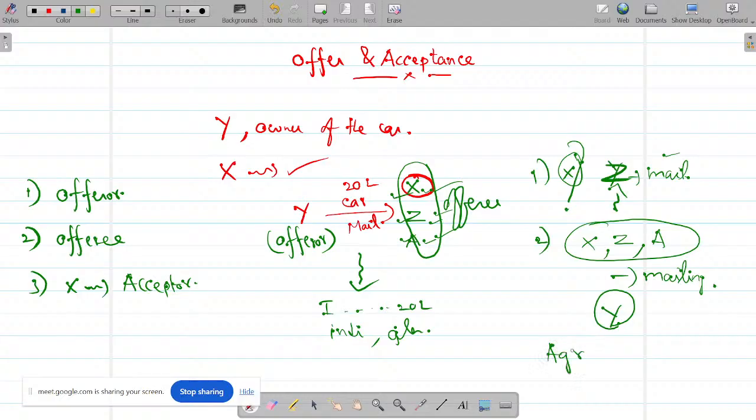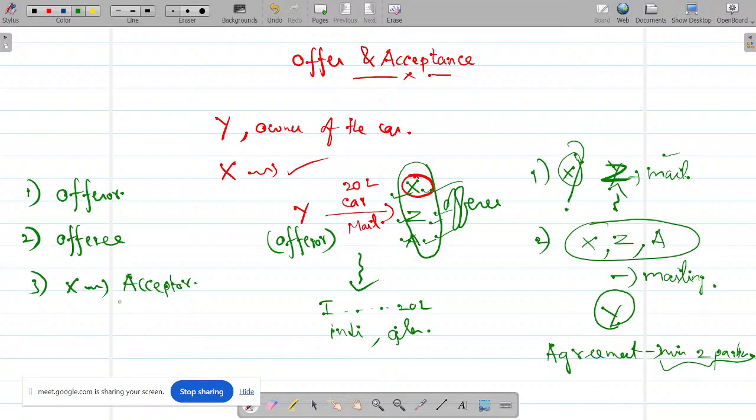What the Act says is that when you talk about an agreement, there should be a minimum of two parties. It's not just one party offering and one party accepting. It can be more than two parties. So always remember this: minimum two parties.